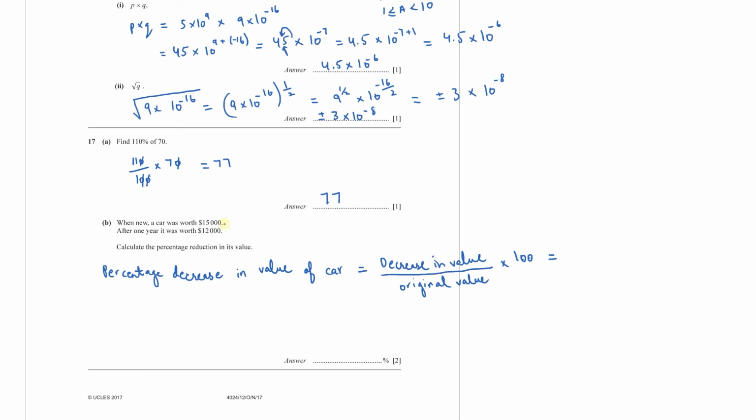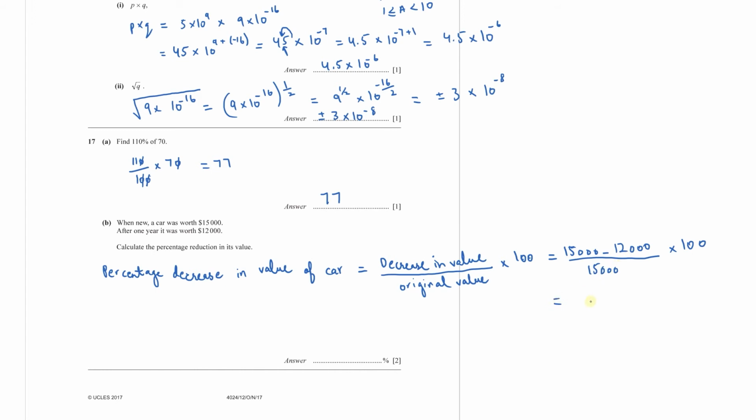So how much is the decrease in value? If it was 15,000 and it decreased to 12,000, your decrease would be 15,000 minus 12,000, divided by the original value, which was 15,000. You started at 15,000, so your original was 15,000. So this is divided by 15,000 and then multiplied by 100.